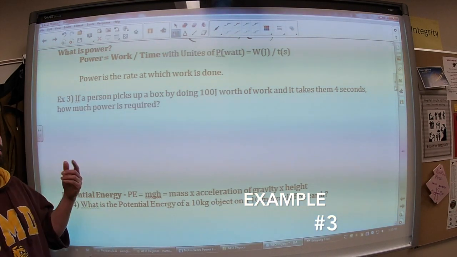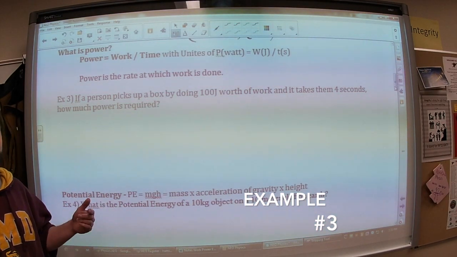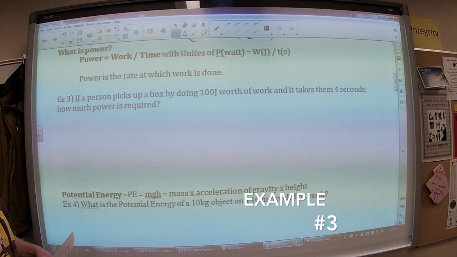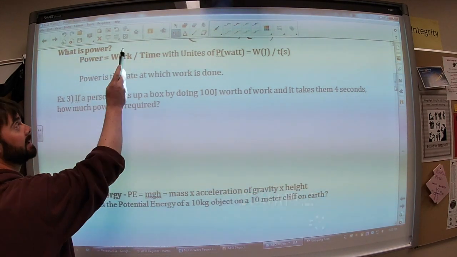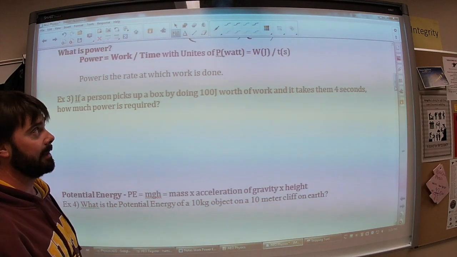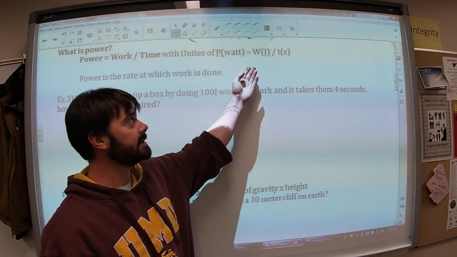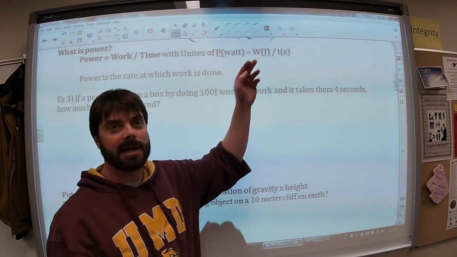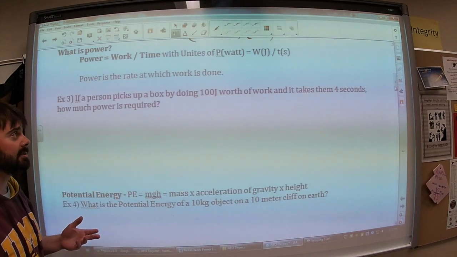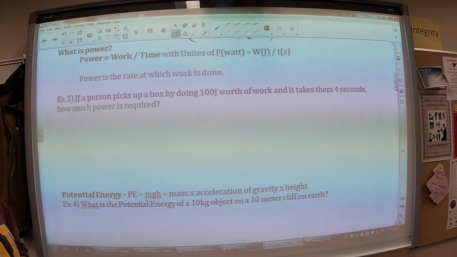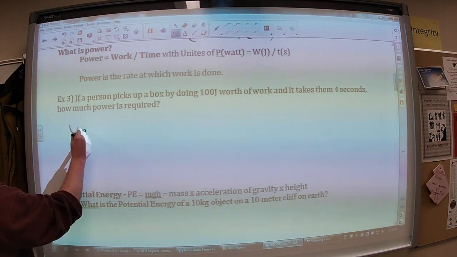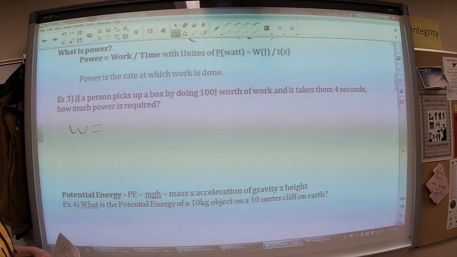So to get power, you could take that work and divide it by that time. The standard units again are still joules for work and seconds for time. So when you get done, you get a joule per second, and a joule per second is also known as a watt.